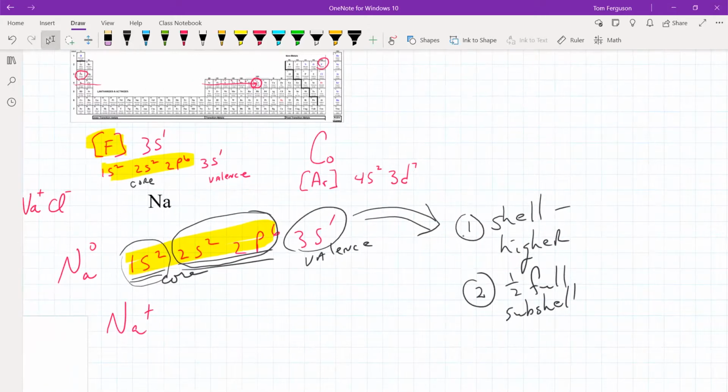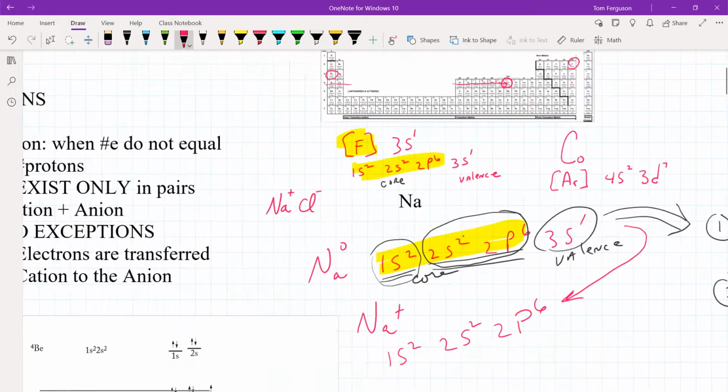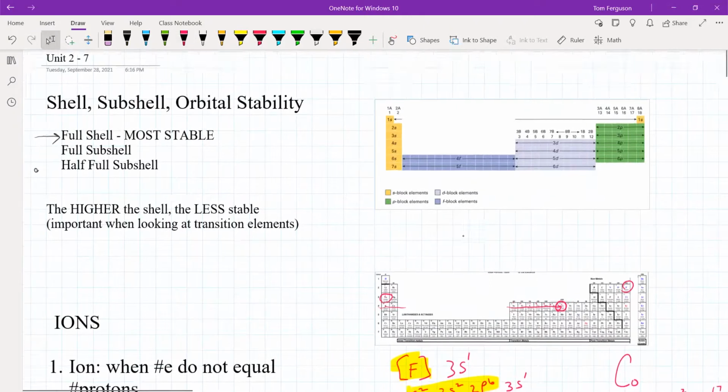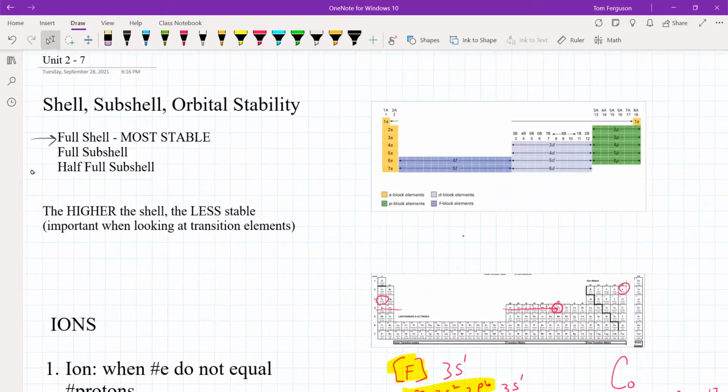Now, look what happens when that electron leaves. What has happened when we went from here to there? We went from a half full subshell to a full subshell.